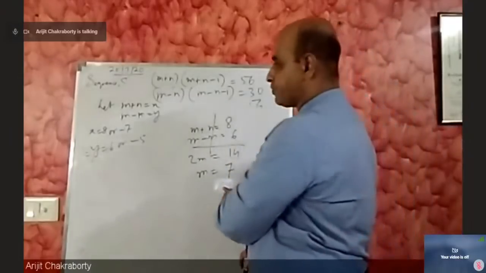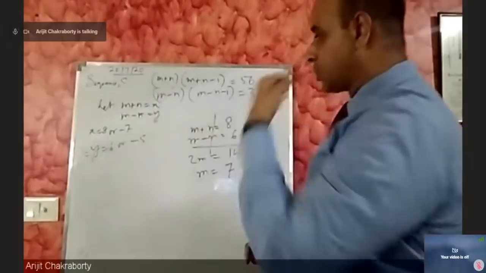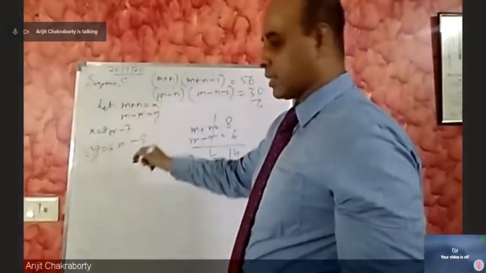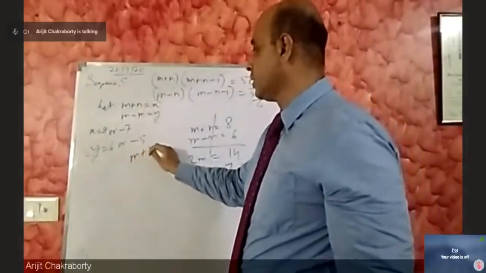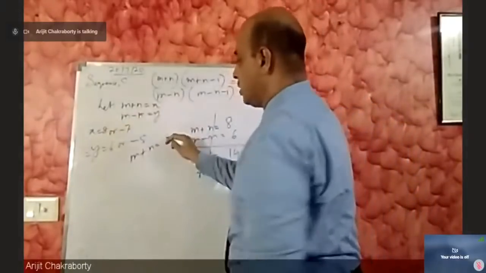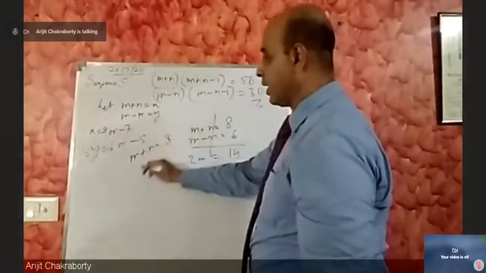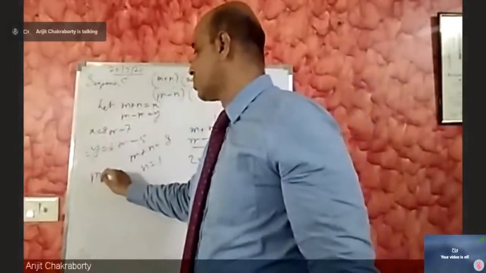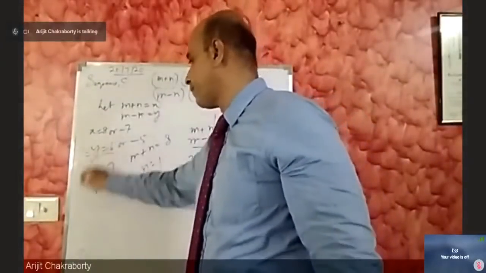If m is 7, and m plus n equals x, which is 8, then n has to be equal to 1. So the final answer is m equal to 7, n equal to 1.